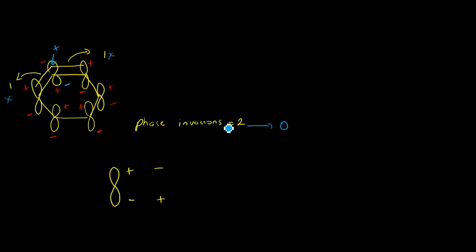So always remember, if you have an even number of phase inversions, you can always reduce it to 0, which means you don't have phase inversions. But if you have an odd number of phase inversions, in that case you can't make it 0. So there are phase inversions.